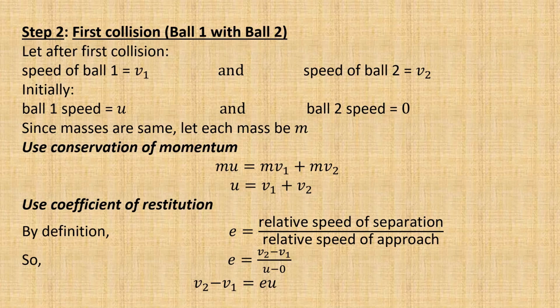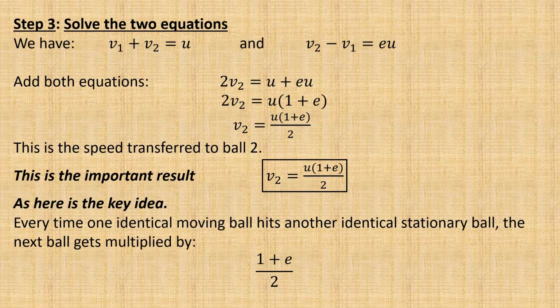Now we use the definition of coefficient of restitution for our second equation. By definition, E is equal to relative speed of separation upon relative speed of approach. That is, E is equal to v2 minus v1 upon u minus 0, and in this way we get our second equation, that is v2 minus v1 is equal to Eu.